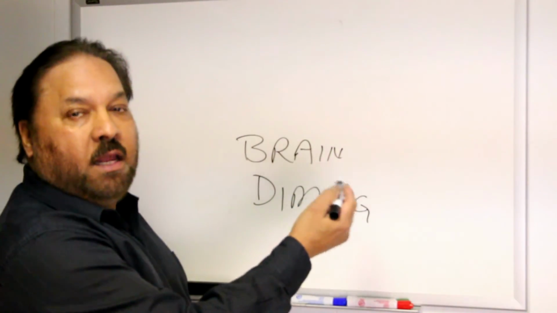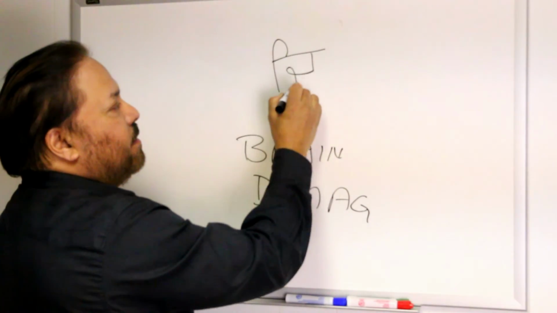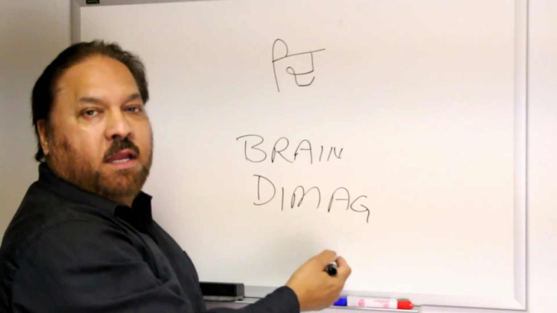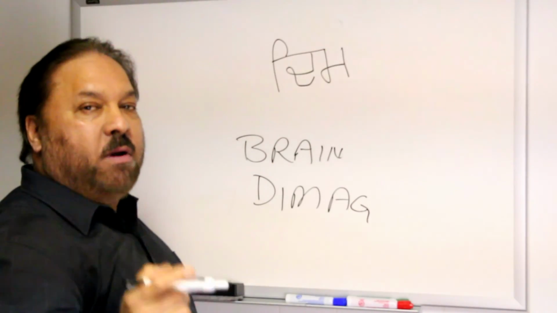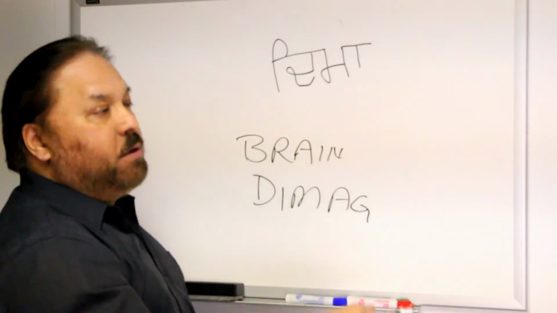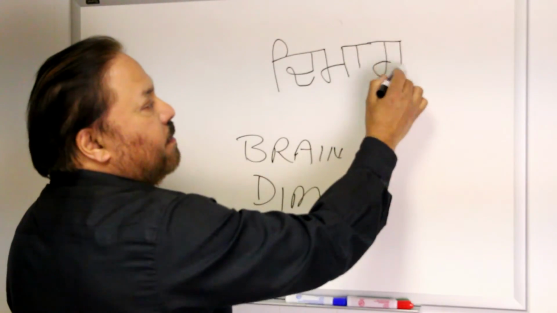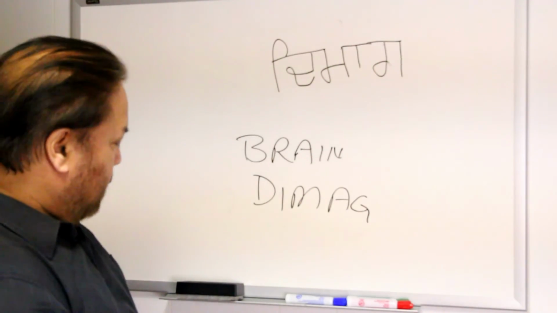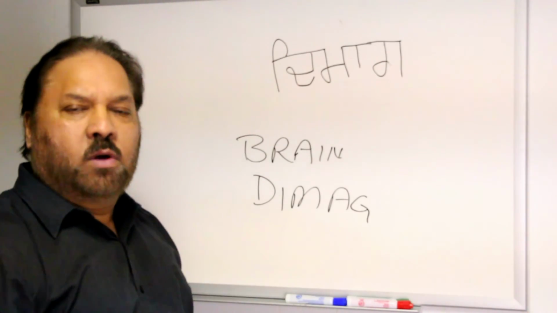D stands for Dada. So Sihari, Dada, then Mama for M. Then you should remember Kanna again, the one we use for Kitab. So Dimag, then Gaga for G.